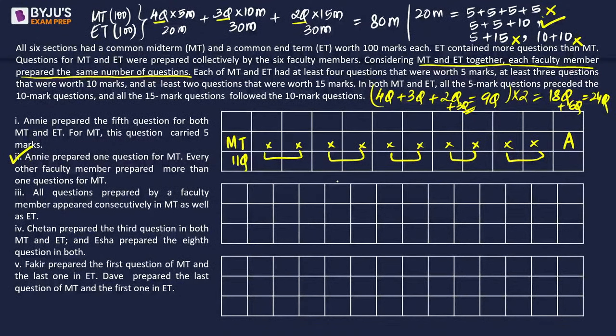If midterm exam में 11 questions थे, that means end term exams में remaining 13 questions होंगे, because we need 24. Such that each faculty member prepare 2, जैसे हमें पता है जो ऊपर में करा था उन्होंने, A prepare करेगा 3. Why? Because the total number of questions including both the term exams is equal for each faculty.